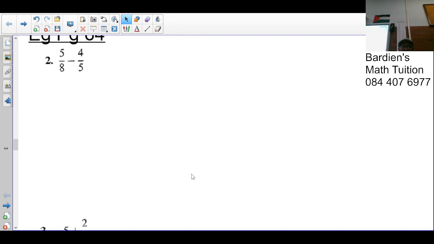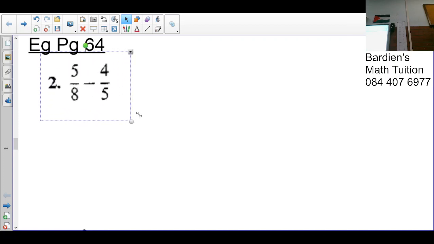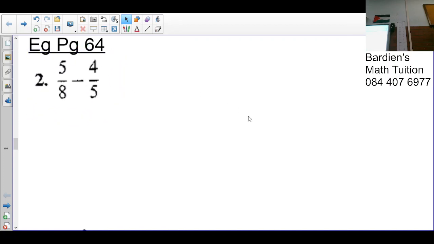Let's look at number 2. Would you like to try number 2? Okay, where did we stop? I think we stopped here in this row. Yes, okay. Right? Yes? What's your LCM? 8. You all agree with that? Yes.